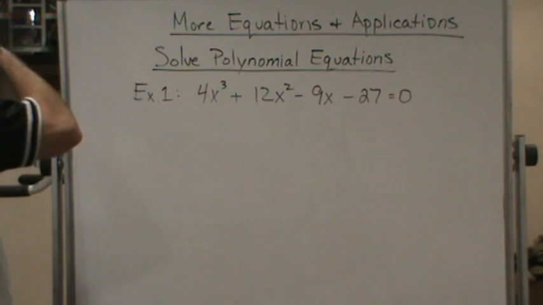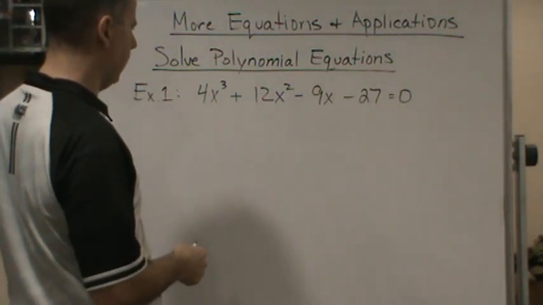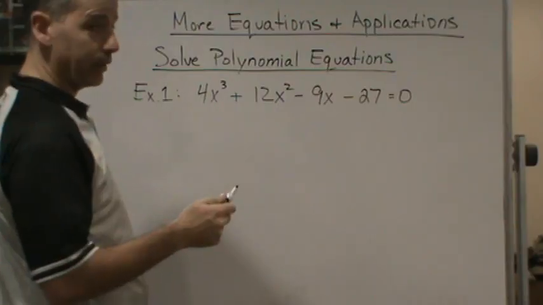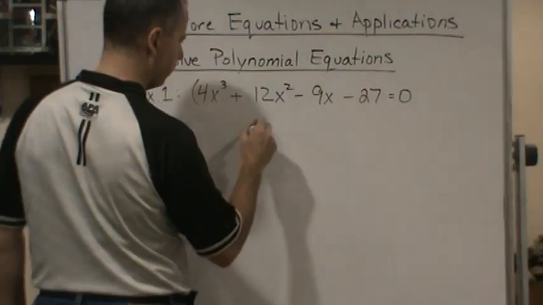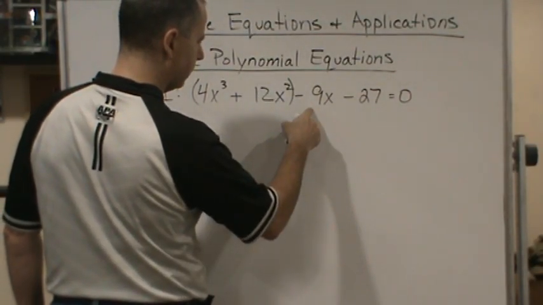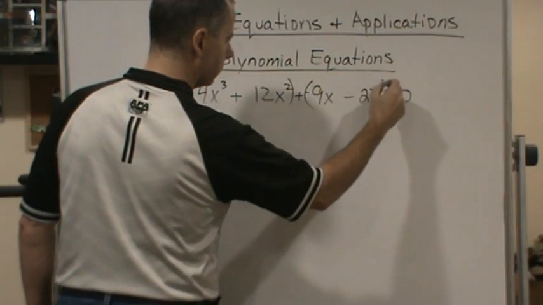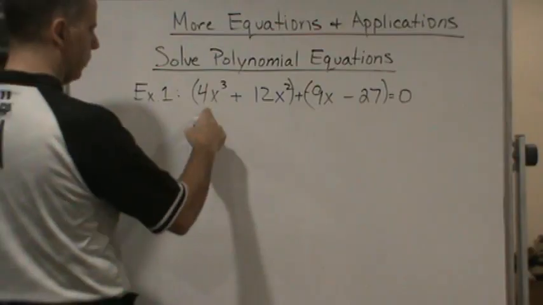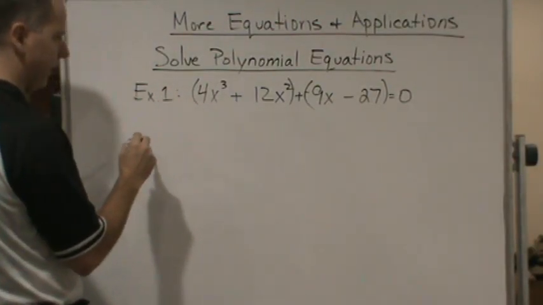So we have a polynomial equation, and in this case what we're going to do is factor by grouping. Okay, so we're going to group these, and group those. So we'll take the greatest common factor here. That's going to be 4x squared.